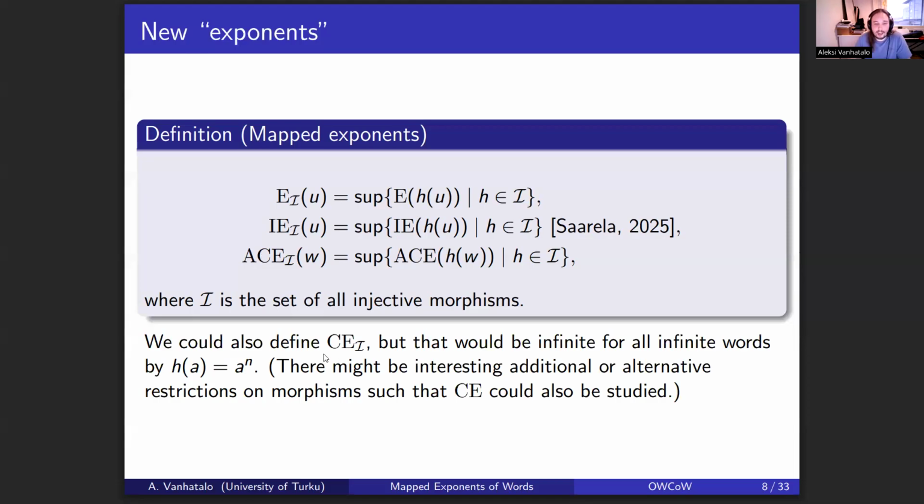The critical exponent sees that we have an n-th power here, so it will not ignore the fact that it's only an image of a single letter. So this is not an interesting exponent in this setting, but if you restrict your morphisms even more, or in some alternative ways, then maybe this could also be considered. For us, it's not interesting right now.